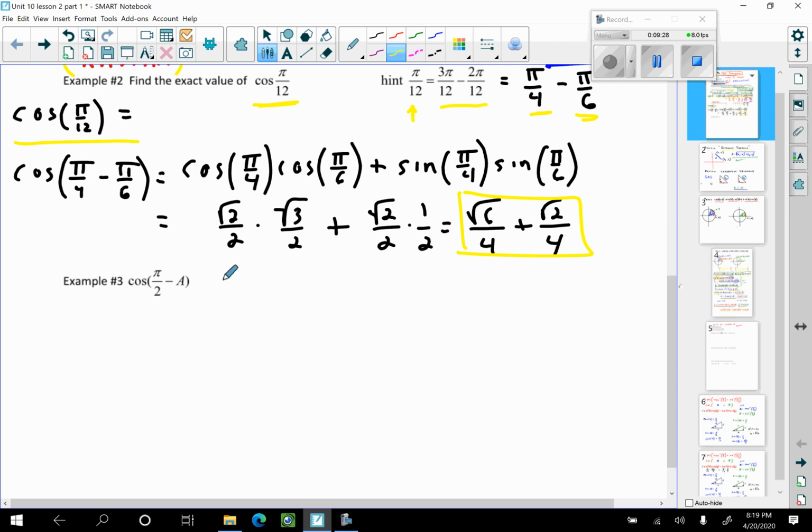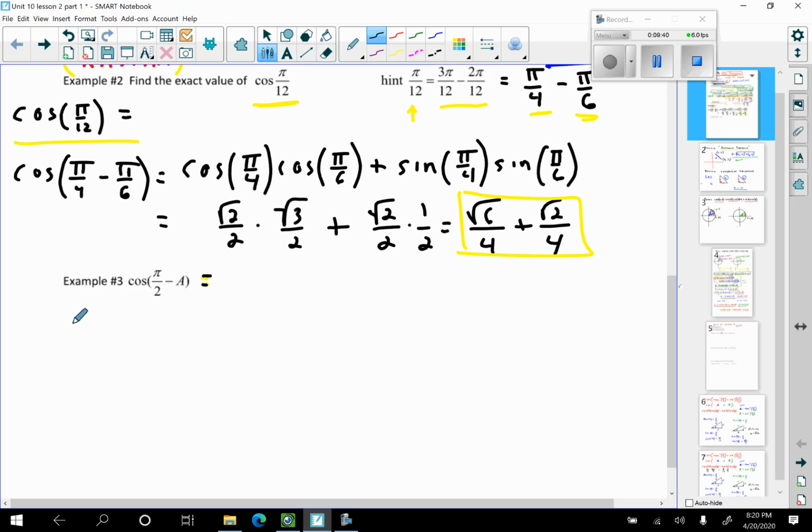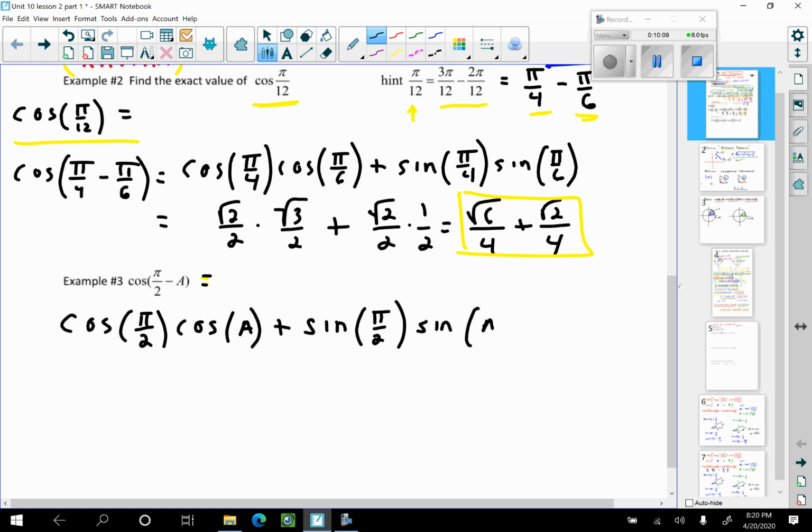I'm going to use the difference formula for cosine of A minus B. So this is going to equal, true or false, cosine of pi over 2 times the cosine of A. If I'm subtracting two angles, then I'm going to add the product of the cosines to the product of the sines. This is going to be a nice little proof you're going to see here.